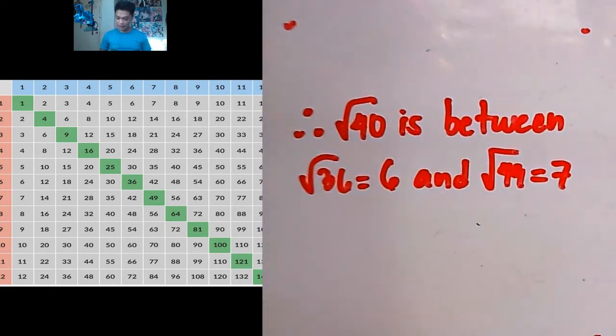So we have that answer. There are two strategies for identifying the two integers between which a square root lies. First is what I did a while ago by listing the numbers. And second is by looking at the multiplication table, which is a bit easier compared to the first method.